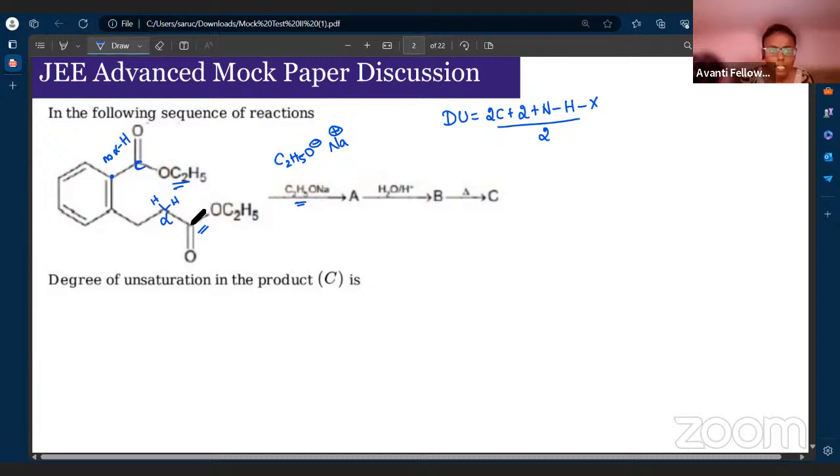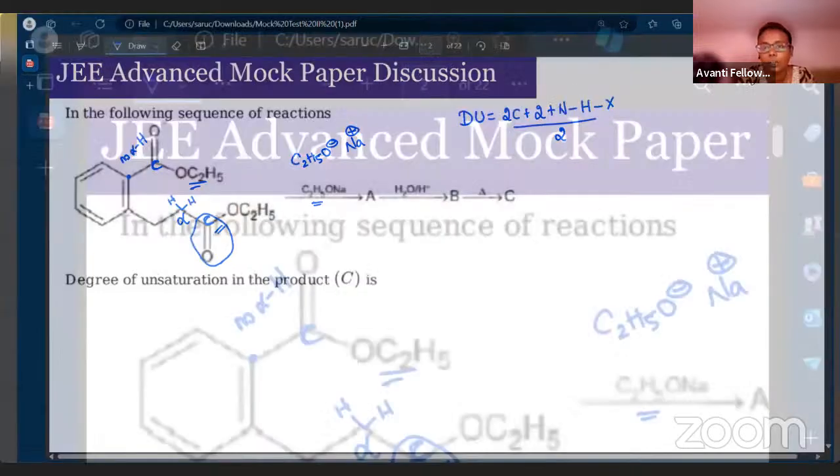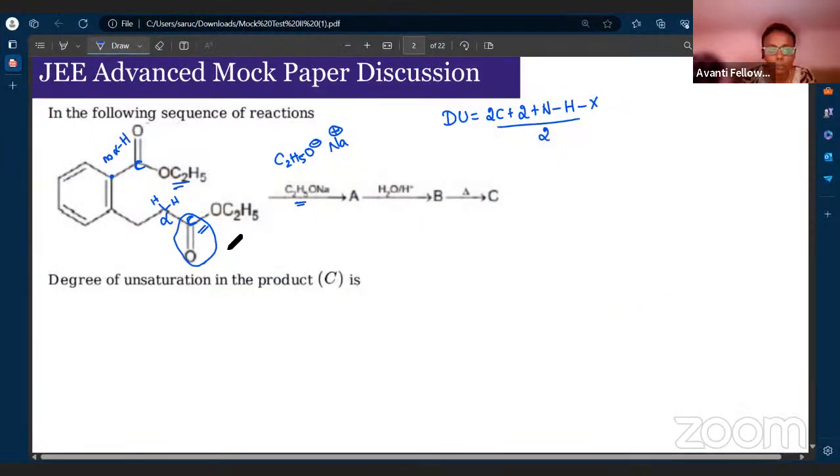And we know this ester group, whether it is an electron releasing or an electron withdrawing group. The carbonyl group is an electron withdrawing group.